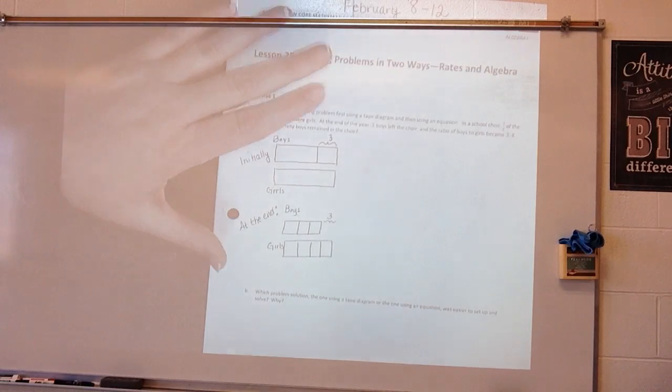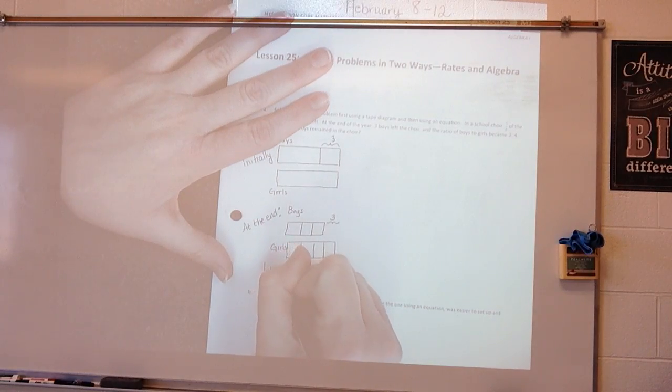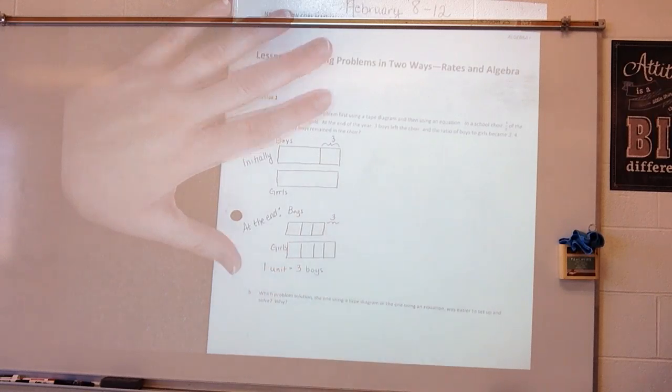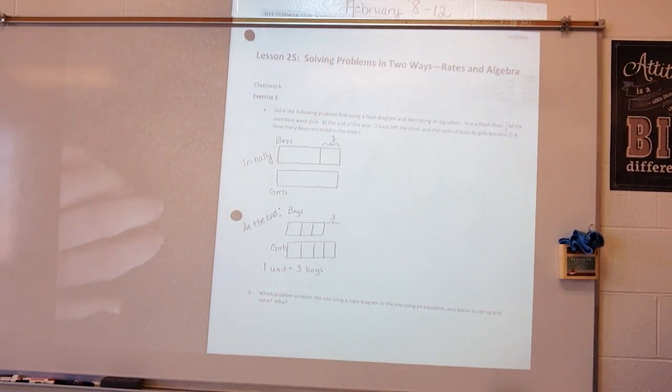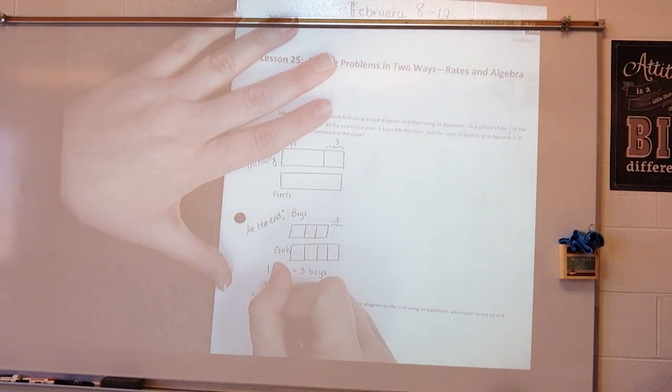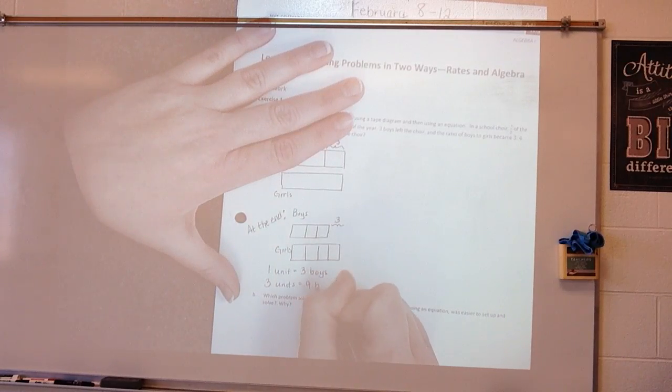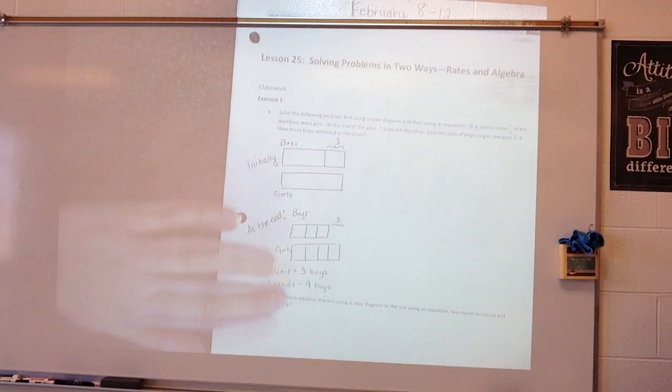So 1 unit equals 3 boys. Alright, so 3 units would be 3, 6, 9 boys. So there were 9 boys in the choir.